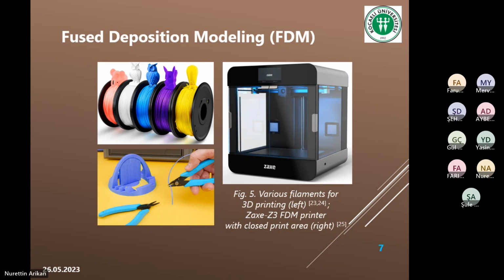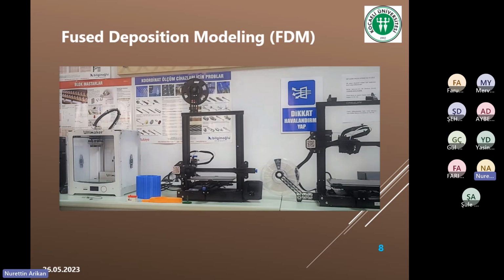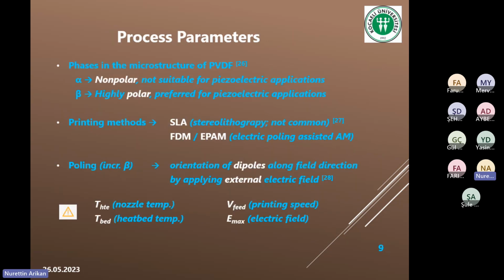And I just wanted to show several pictures, the filaments, or how we prepare them, and a closed cabin 3D printer on the right. And these are the ones we use in our biomechanics laboratory. And process parameters.